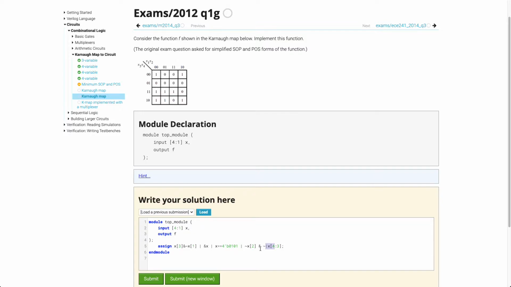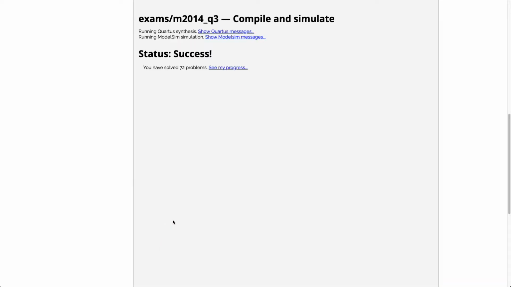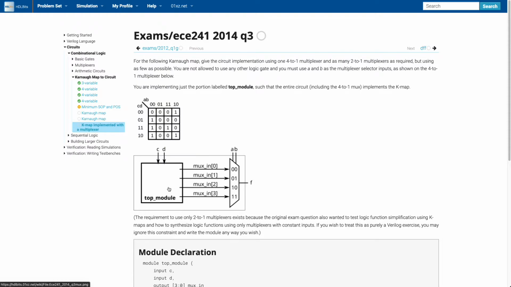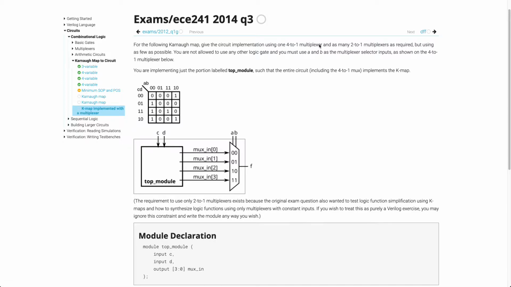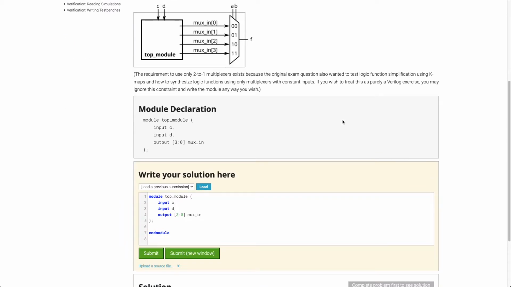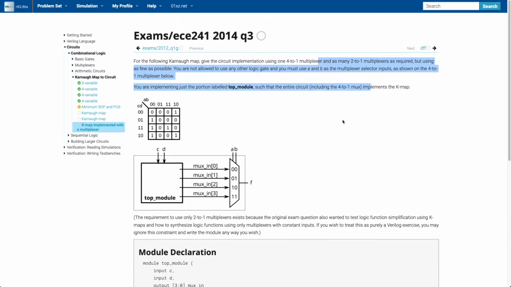And if any of these are 1s, this would be a 0. Let's see if the previous one's good. I see.